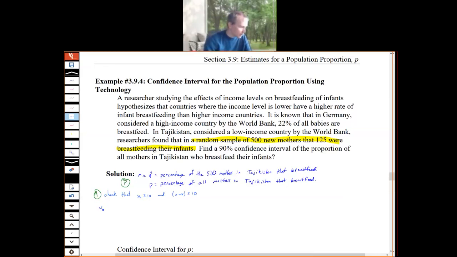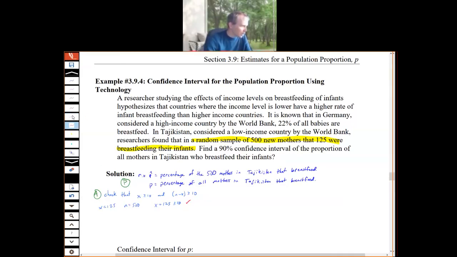So here, x is 125, and our sample is 500. And remember, n was the letter that we used for sample size, so n is 500. So here I can see, oh yeah, x is 125. That's bigger than 10. Put a check mark there.